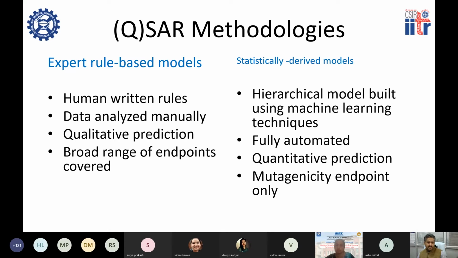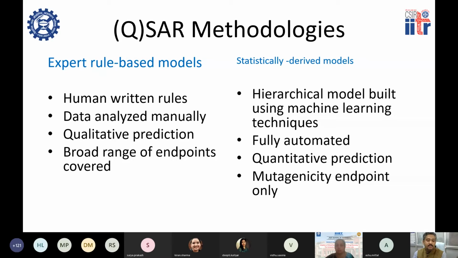That's called expert rule-based models, human-written rules, with data analyzed manually. That will give you a qualitative prediction and a broad range of endpoints covered. So if you have a particular group present in your target chemical compound, and you apply this expert-based model in the database, it will provide some qualitative prediction of various properties you are looking for, like inhibitions or toxicity.